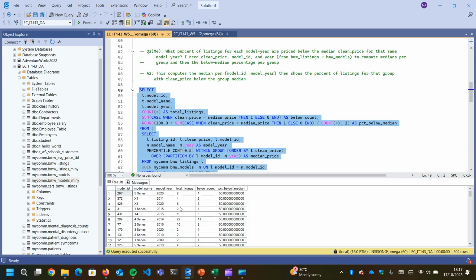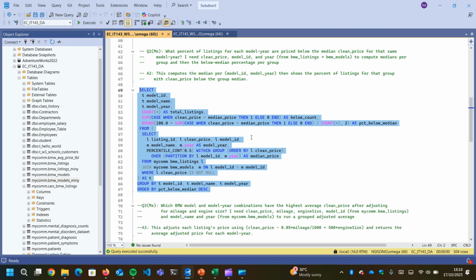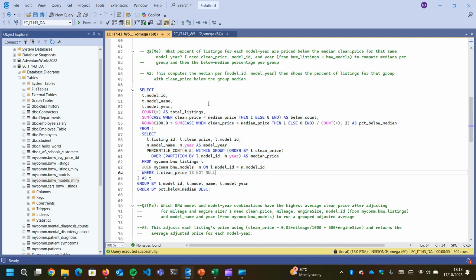This is it. Dividing that by the total per group gave the percentage of sellers below the median, which you can see here. It's a useful measure that we use for pricing pressure. So let's move over to the next question.